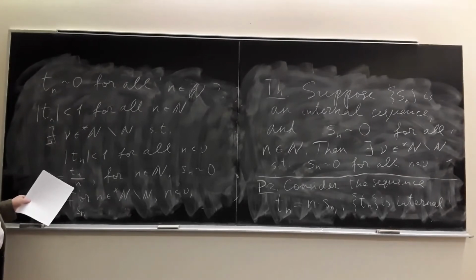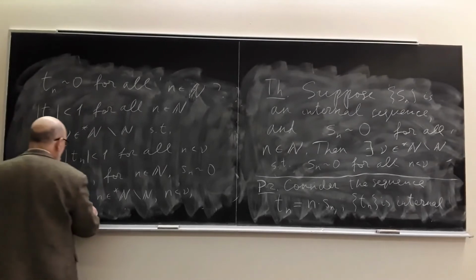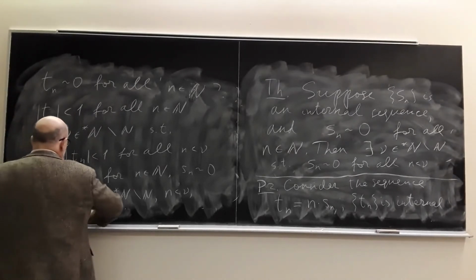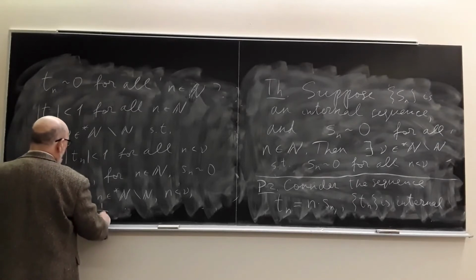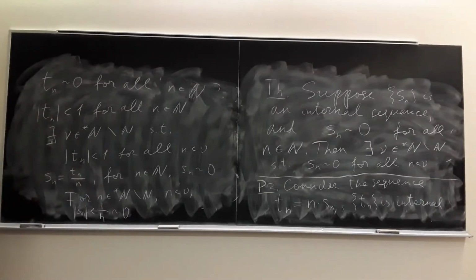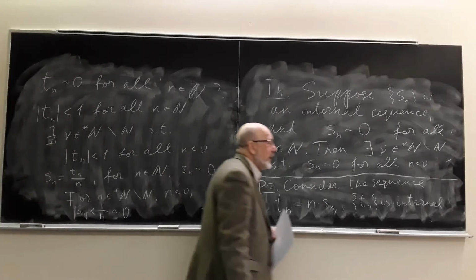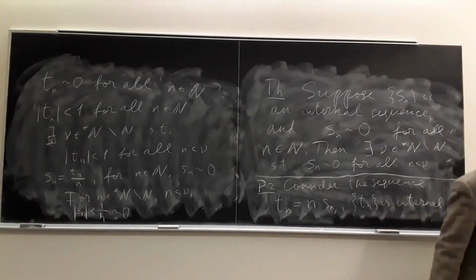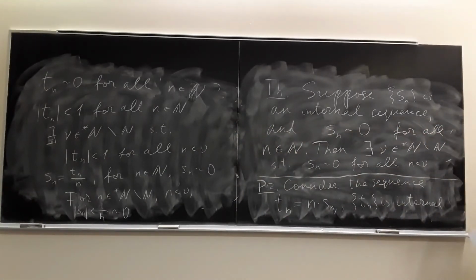So this fraction is also infinitesimal. Modulus of Sn is less than 1 over n, which is infinitesimal. So we have two parts, and in both it is infinitesimal for different reasons. So this property of being infinitesimal also spreads, but it spreads only for internal sequences.